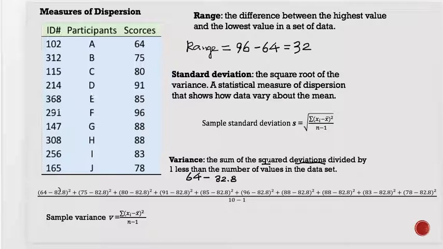We want to make sure we get a bigger variance. So this is the variance. The variance we got is 82.8.